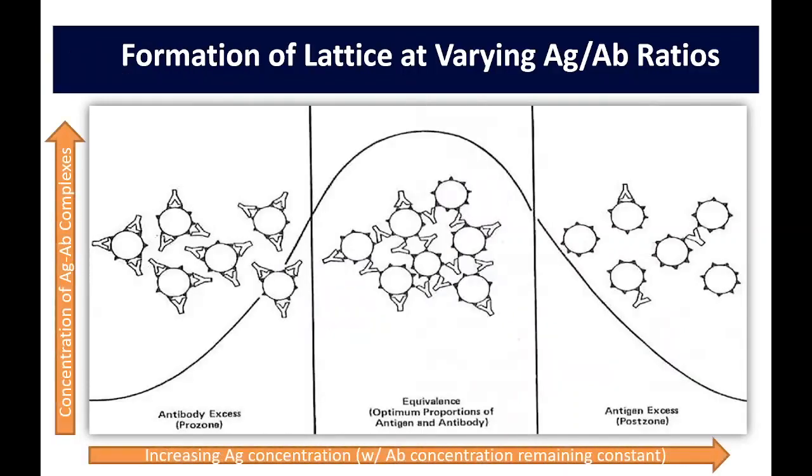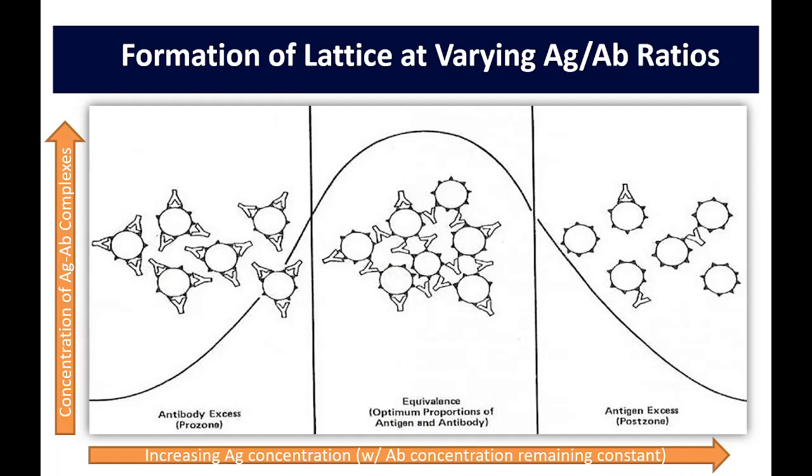Now, as a recap, for formation of lattice at varying antigen-antibody ratios, we have here the graph which shows the increasing antigen concentration at the x-axis and the concentration of antigen-antibody complexes at the y-axis. For the illustration, you can find there 3 zones.